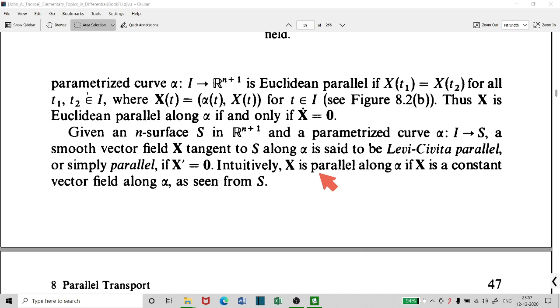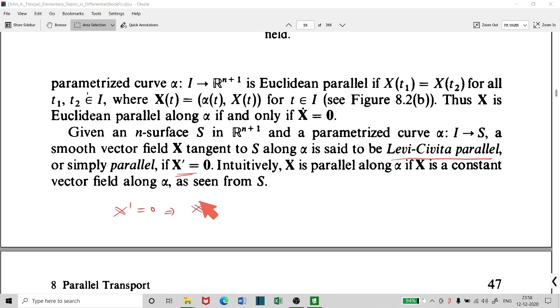Now we define another concept of parallelism, what we call Levi-Civita parallel vectors. A parallel vector field along alpha is obtained by requiring x prime equal to 0 rather than x dot equal to 0. That means x prime equal to 0 implies the covariant derivative of that vector field is 0. The covariant derivative is defined only when x is a tangential vector field.